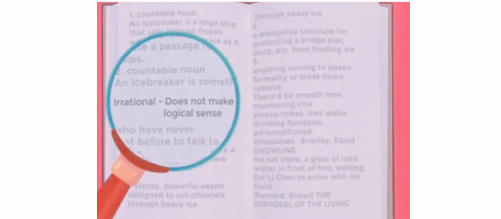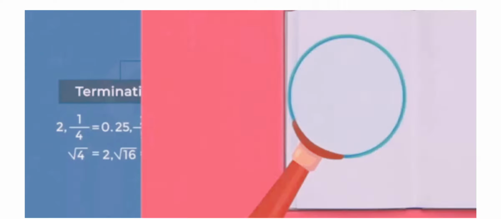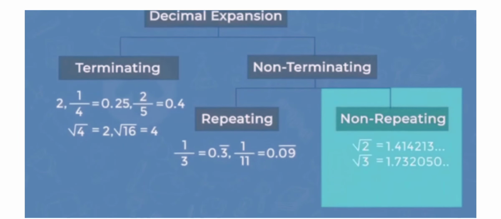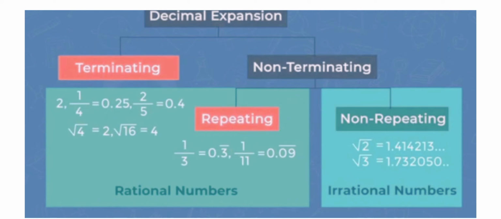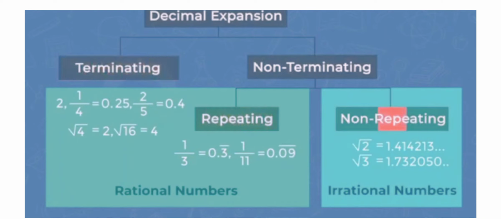So something that does not make sense is called irrational. Hope you now understand why non-repeating numbers are called irrational numbers and all other numbers are called rational numbers, and why terminating and repeating decimals are rational numbers and non-repeating numbers are irrational numbers.